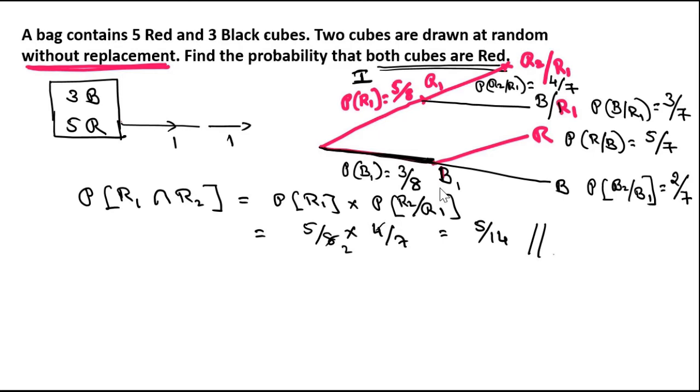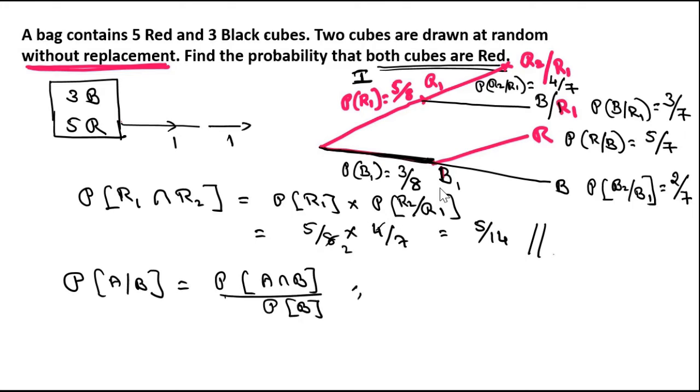Multiplication theorem on probability. Now see that in conditional probability we have learned that the probability of A given B means the probability of A intersection B divided by the probability of B, and the probability of B should not be equal to 0.